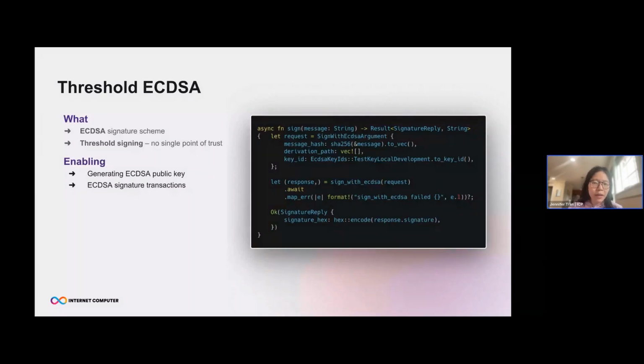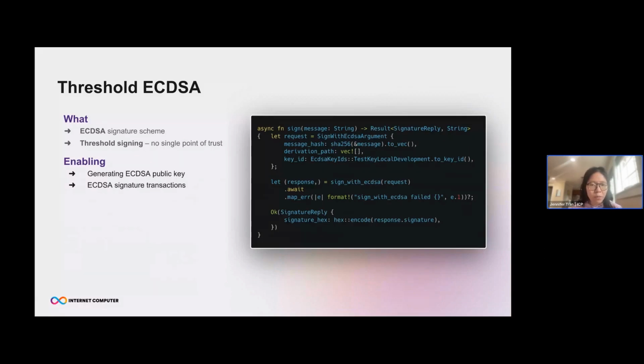I know that for the Educate series, we don't dive too much into code. This is more to help you understand the concept, but I think it's still helpful to understand how you might get an ECDSA public key and sign with it in a canister smart contract, at least at a high level, so you know how it works.